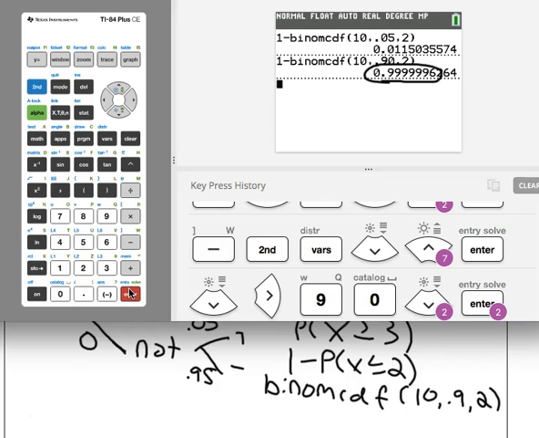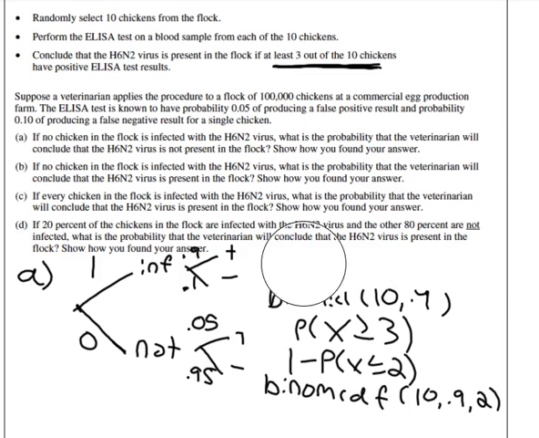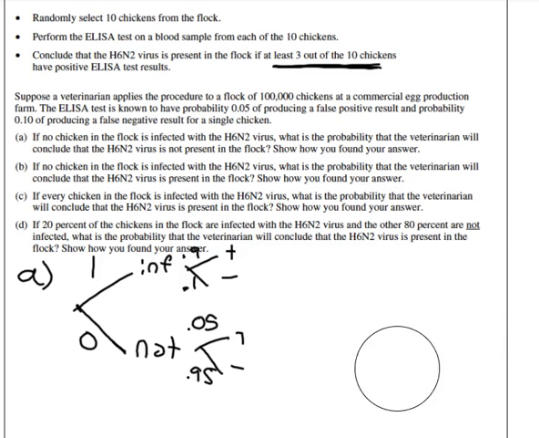Let's talk about the last scenario, part D. If 20% of the flock are infected and 80% are not, what's the probability that he'll decide that the virus is present in the flock? So again, this is almost the same situation.